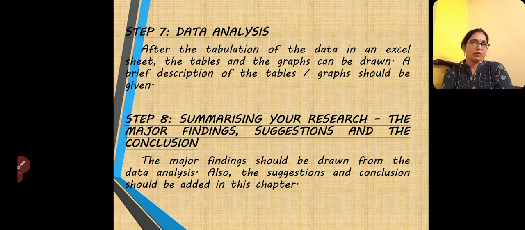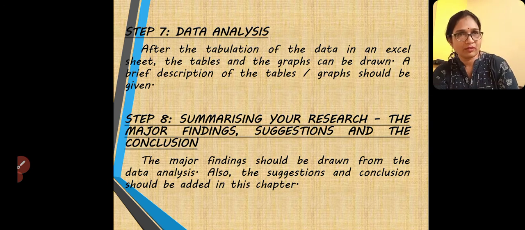Even if it is only 2 or 3 sentences, please be honest with your research project and write the conclusion which you have inferred from it. Don't just copy from some of your seniors' research project, or something from the internet. Write a conclusion which is your own conclusion drawn from your research project.